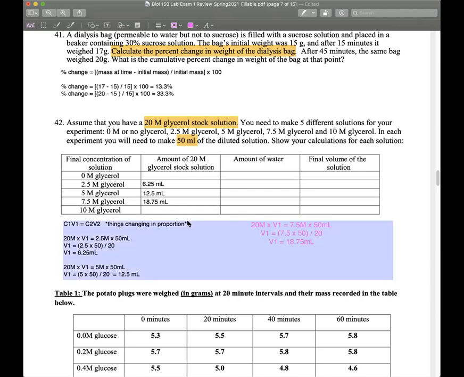I have that the last one is 25. Yep, perfect.